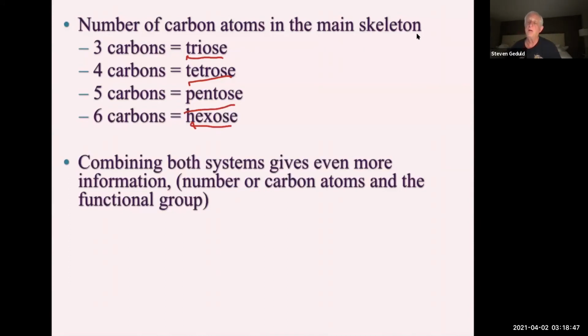So now I got 2 ways to identify sugar. We list it as an aldehyde or a ketone, an aldose or a ketose, and we tell the number of carbons it has. Combining both systems gives even more information: the number of carbon atoms and the functional group.